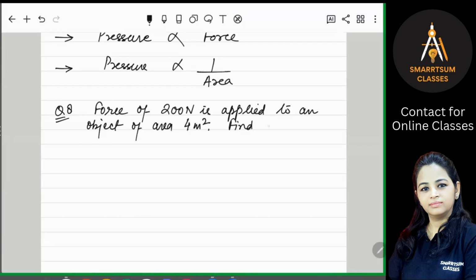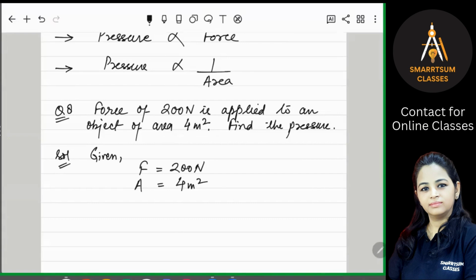Find the pressure. So how to do this question? First, see what is given in the question. Force of 200 Newton means force is given. So write down what is given to us. Force F is 200 Newton. To an object of area 4 meter square, right? Means area is given. So write down A means area, that is 4 meter square.